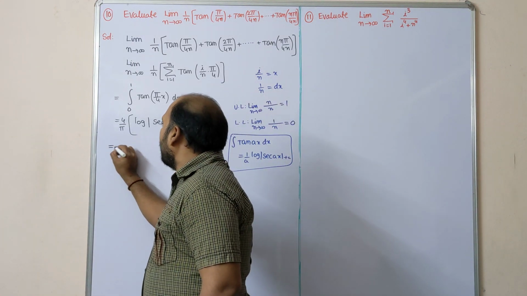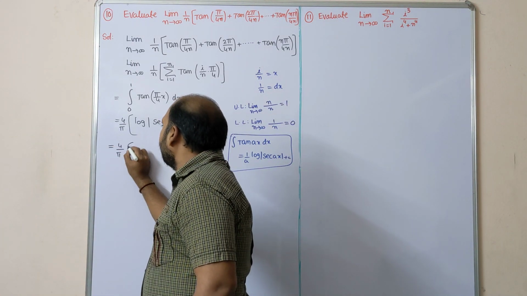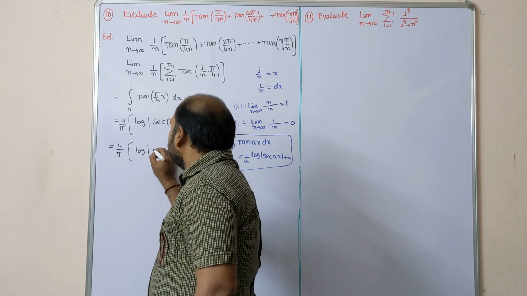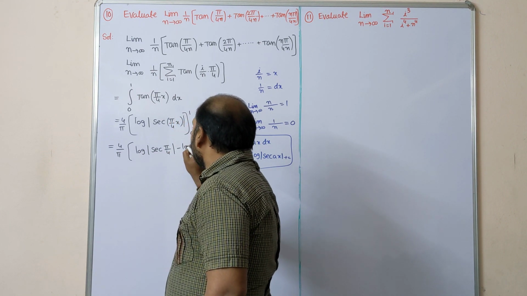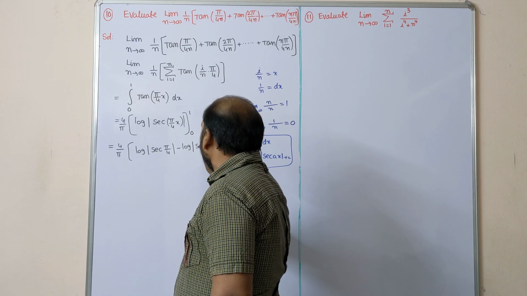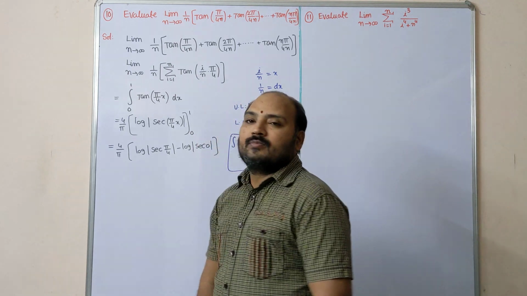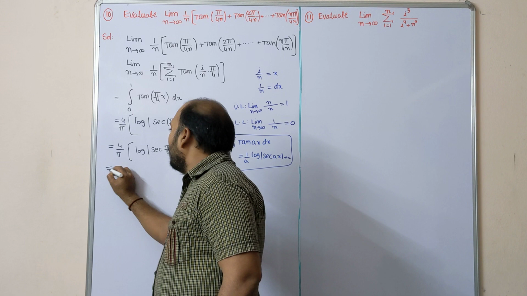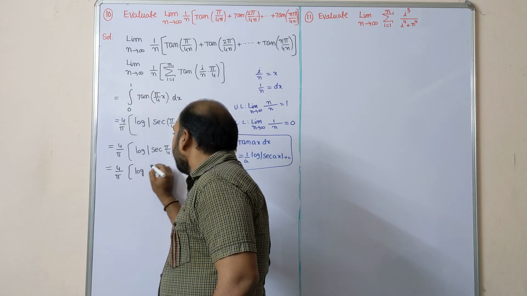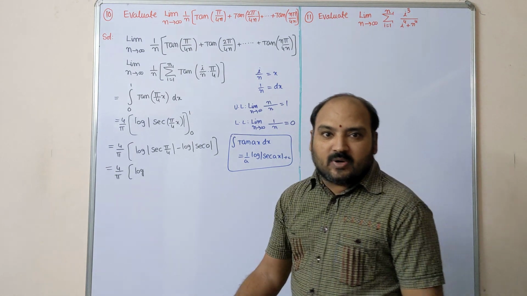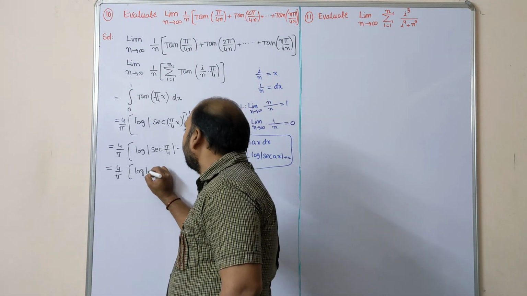First x is equal to 1, substitute: 4 by pi log secant pi by 4, minus log secant 0. Cos pi by 4 means 1 by root 2, so secant pi by 4 means root 2.